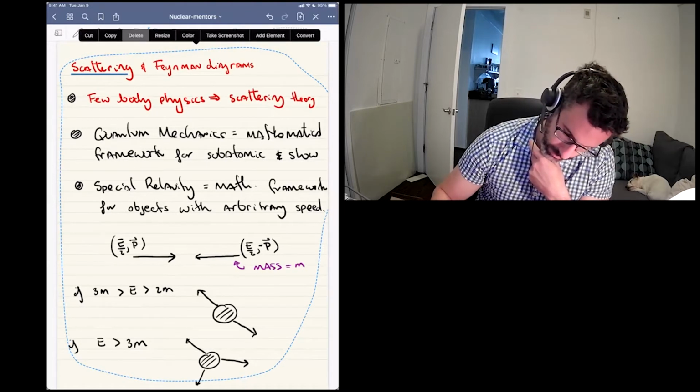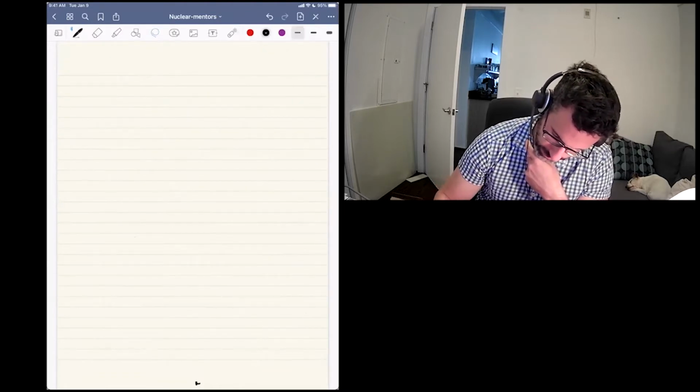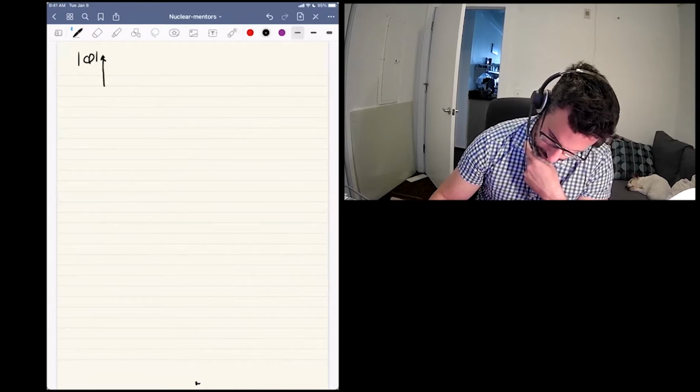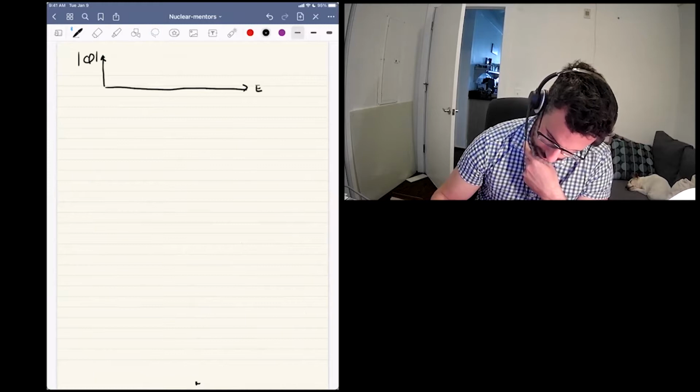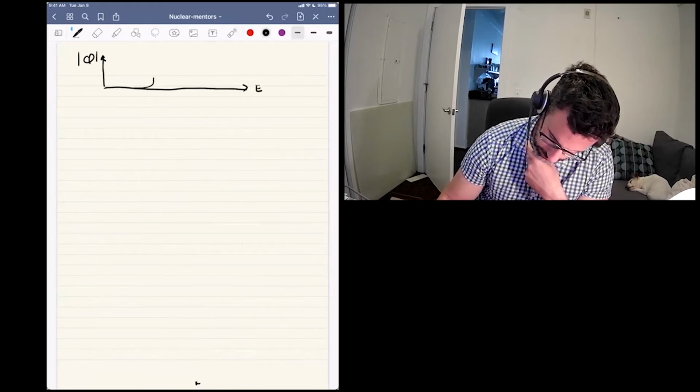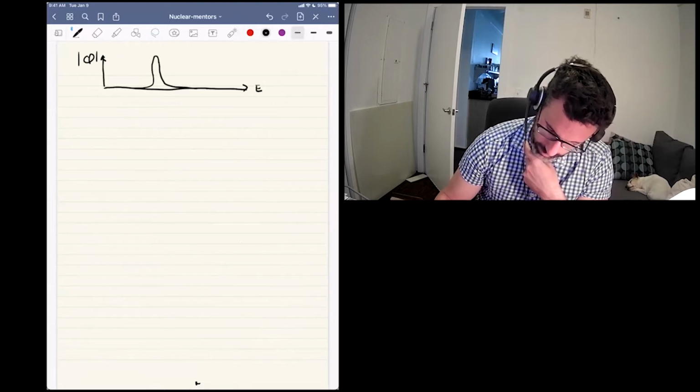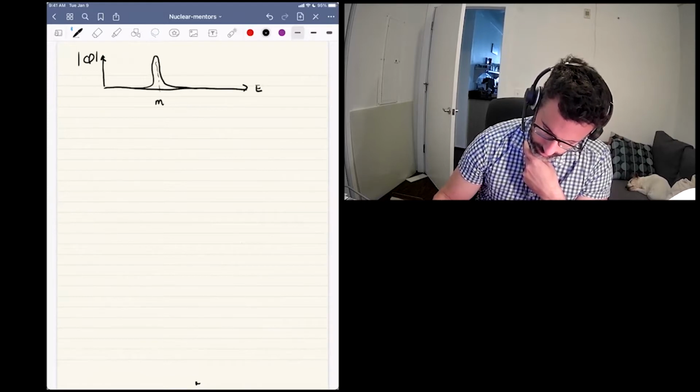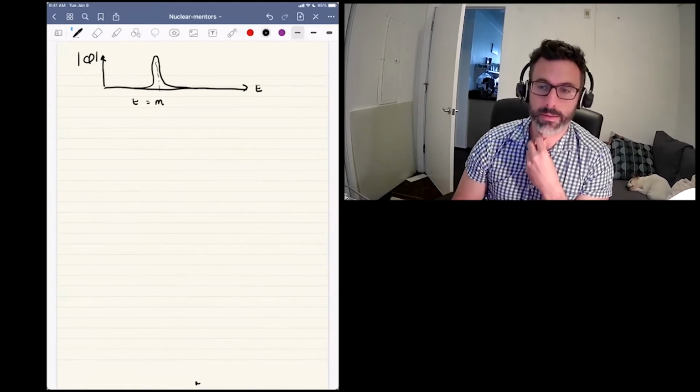So the most natural thing is to consider particles to be excitations of some field, which given some energy, the field would perhaps look something like this. And it's just associated with, you've created some particle with some energy of m, let's say.